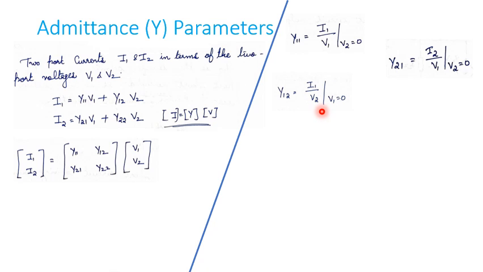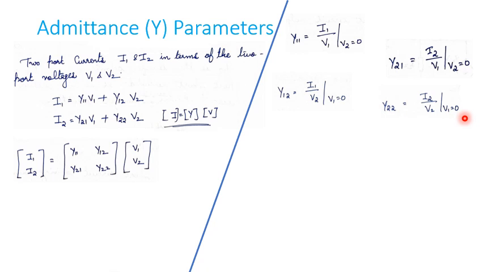It is also called short circuit reverse transfer admittance. Then the next term Y22. Y22 is I2 by V2 when V1 is 0. Y22 is the short circuit driving point admittance with the input port short circuited. It is also called the short circuit output admittance.